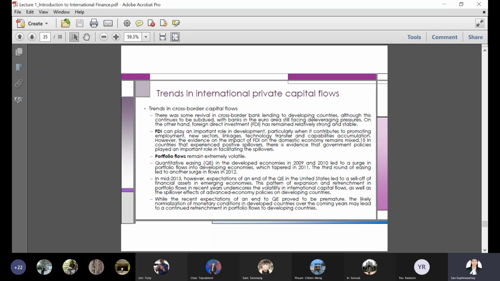So even though we say FDI is important for development and for creating jobs, FDI may also pose either positive or negative spillover to the economies. Whether FDI can pose positive spillovers depends on how the government accommodates policies at the same time as the inflow of FDI.